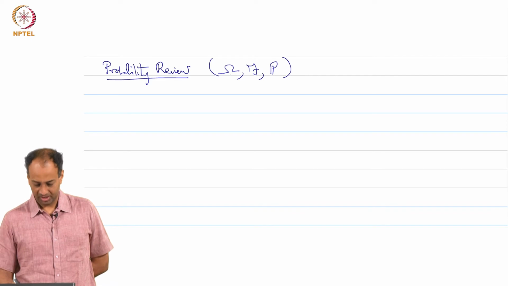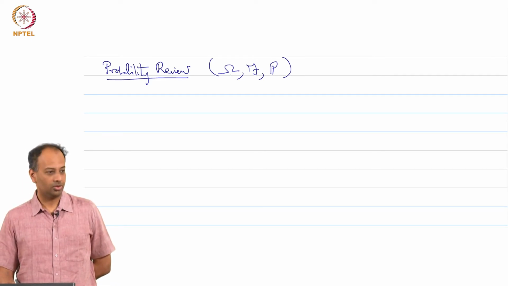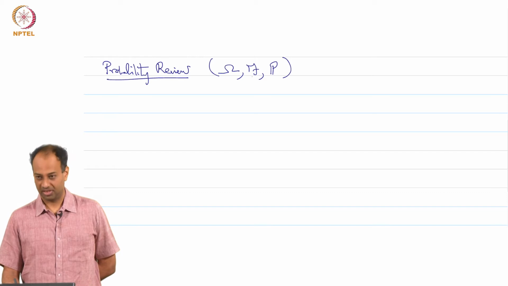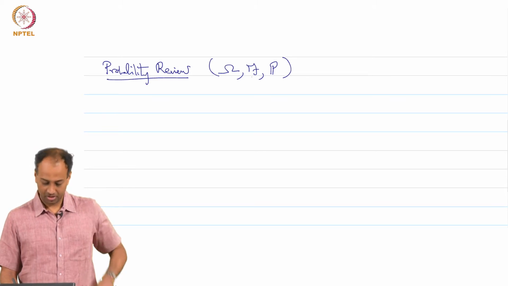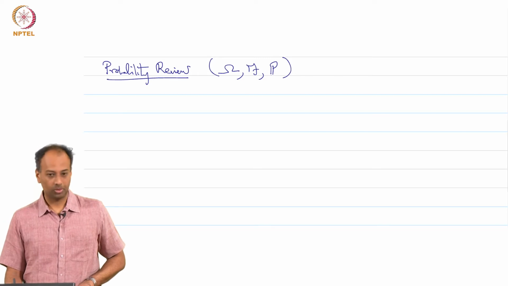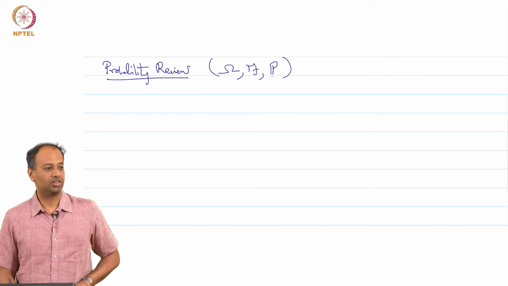This omega is a sample space consisting of all possible outcomes of a random experiment, and F is a collection of events. It consists of subsets of omega that are of interest. F is known as a sigma algebra of events, and P is a probability measure which assigns numbers between 0 and 1 to events.